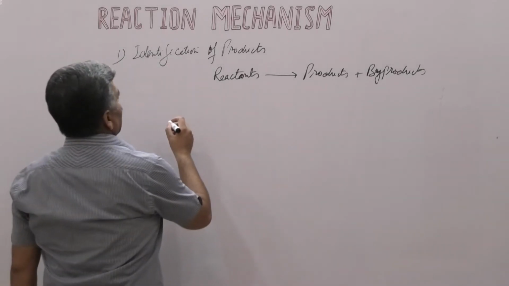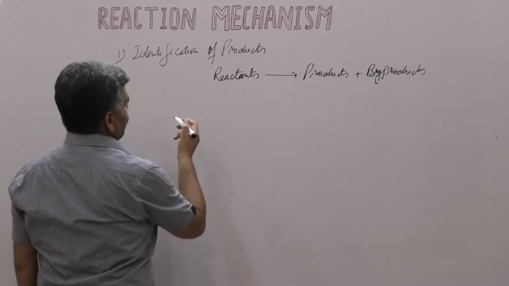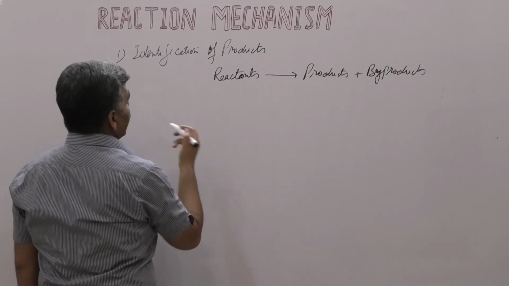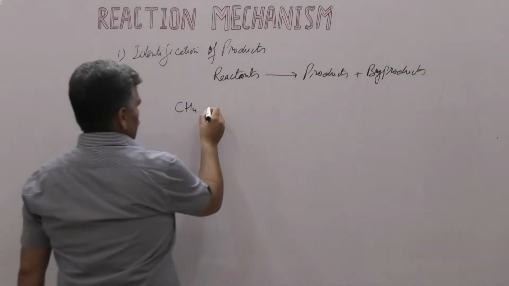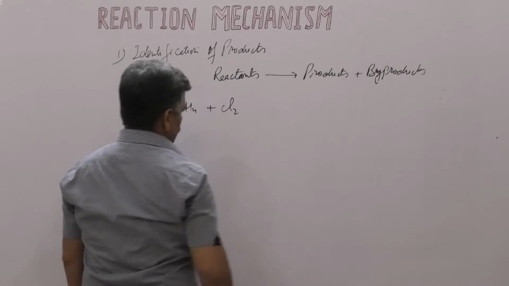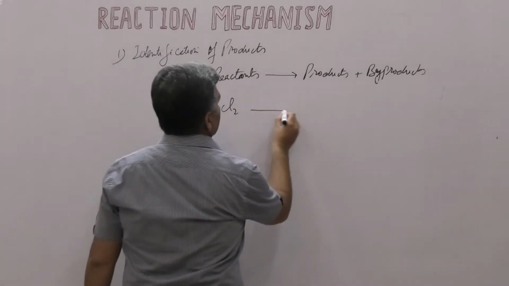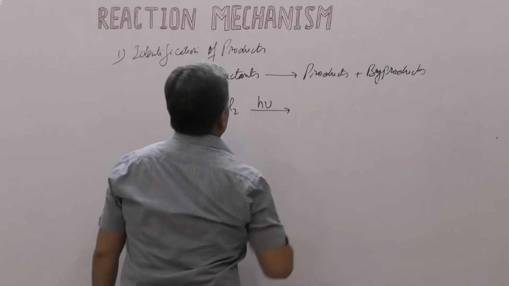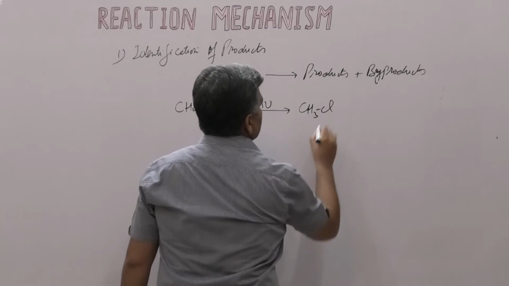Suppose we have the first example for identification of products to determine the reaction mechanism. We have an alkane, methane, in the presence of chlorine. This is free radical halogenation of alkane in the presence of diffuse sunlight. We have the product CH3Cl.